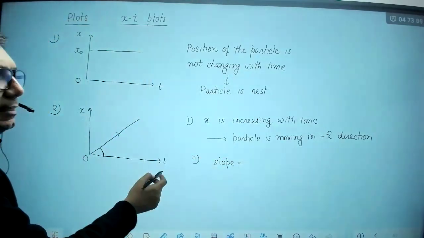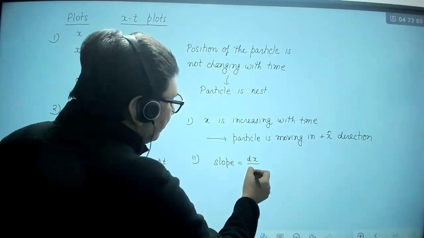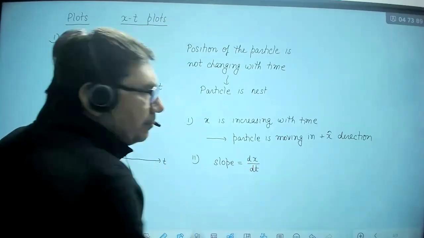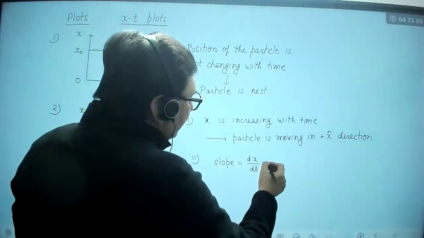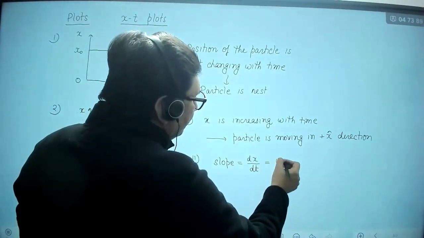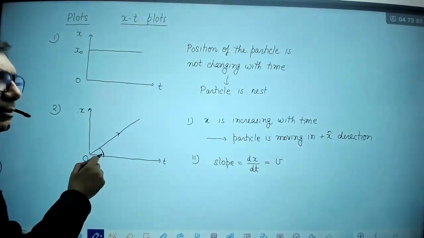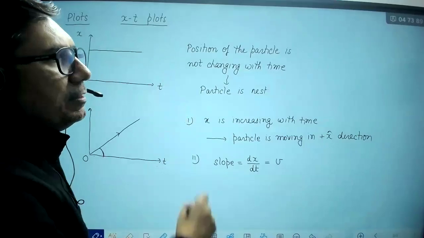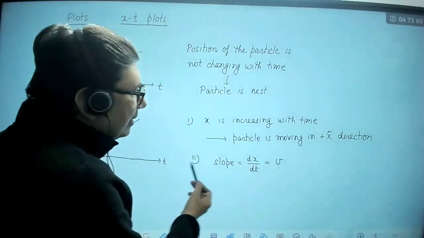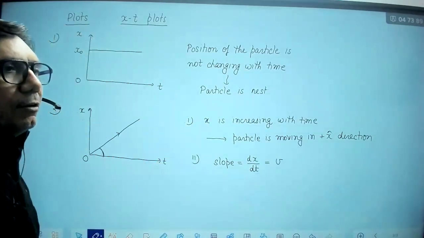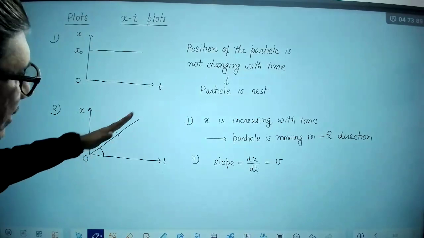This is x, this is t, so slope will be dx by dt, which is v. So here the particle is moving with a constant velocity, because the magnitude is the same throughout.